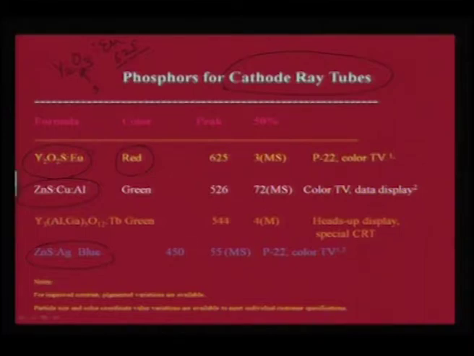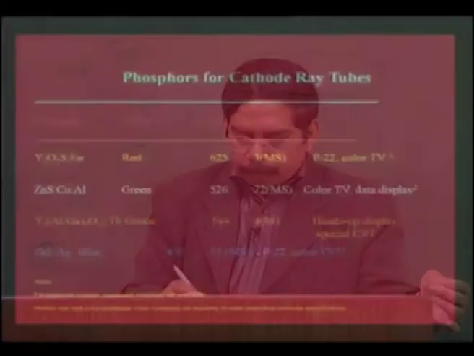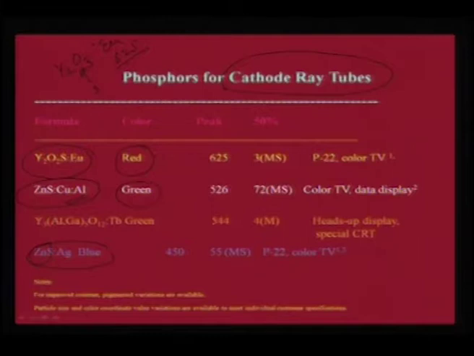The base material or the host is the same, zinc sulfide, but if you dope it with a choice quantity of copper and aluminum, less than 5%, and make the right proportion, then you get green for copper, but if you dope it with silver then you get a clear blue emission.